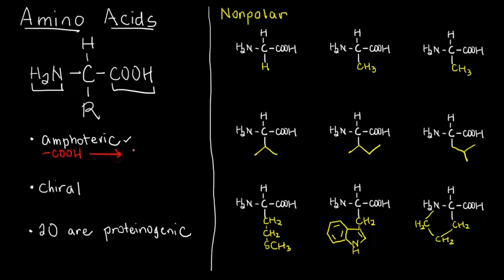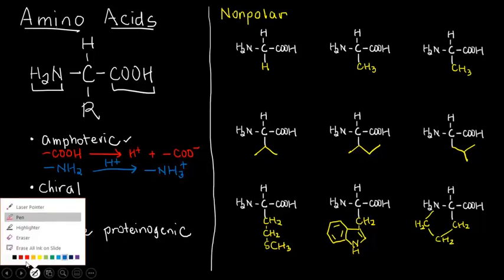And if they donate protons, the COOH will get rid of this H as a proton, H+, and we will be left with the functional group COO minus. And since it also has the amino group, as we recall in organic chemistry, amino groups are actually basic such that they can accept a proton, an H+, giving us something like NH3 plus at the end.